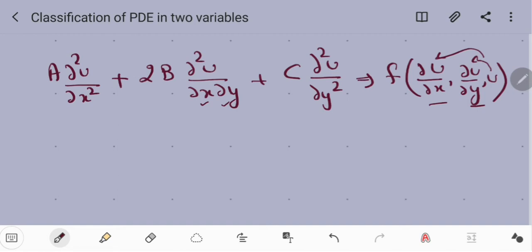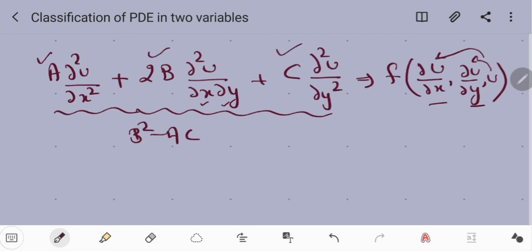Now in three variables you have to find out the matrix, right? But in two variables you need to find out b square minus ac. Always consider these constants, right? If you have something written here, 4, then you need to consider that 2b would be 4, then b would be 2, right?